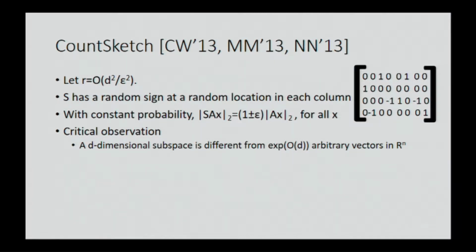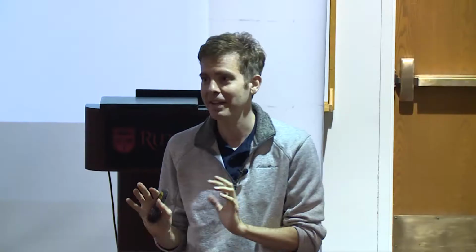Okay, so I imagine many of you are familiar with this, and the point here is that computing S times A is very fast. Okay, so nnz(A), the number of non-zero entries of A, time.